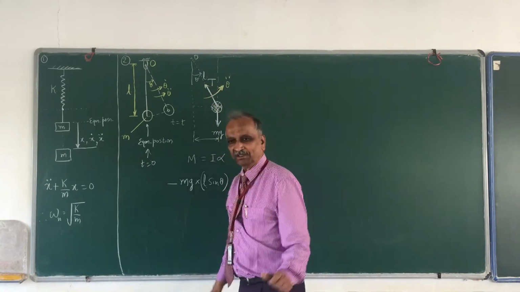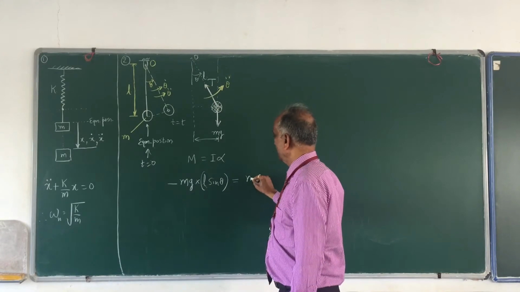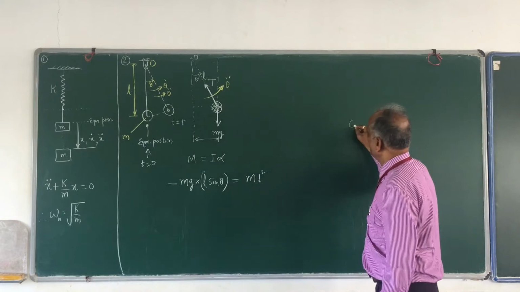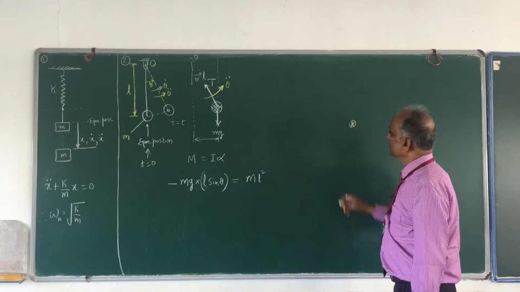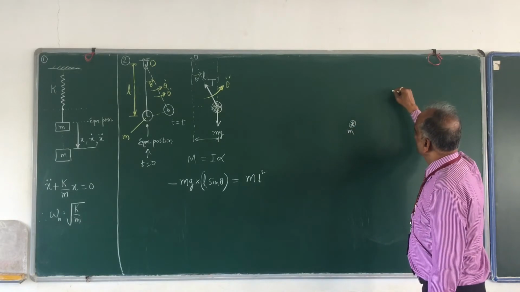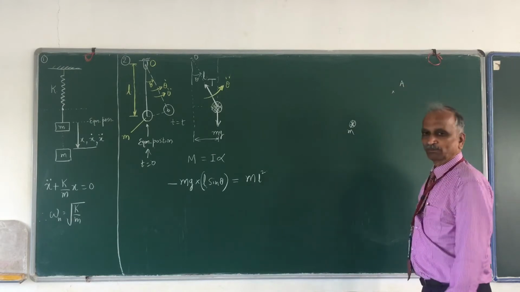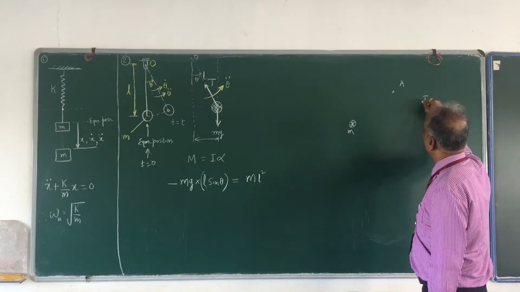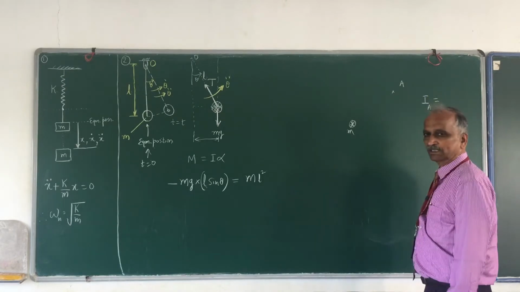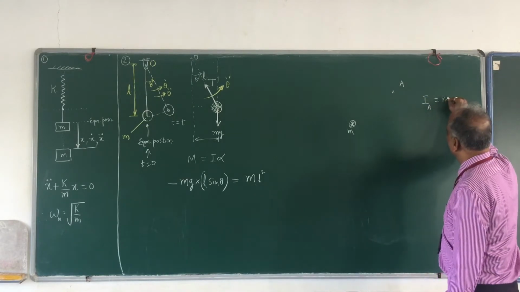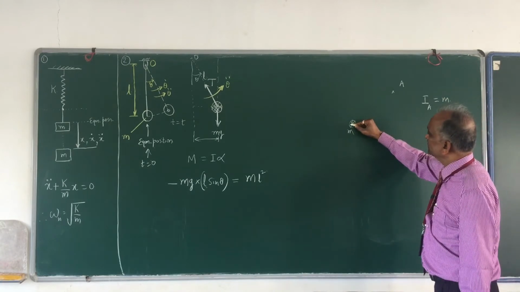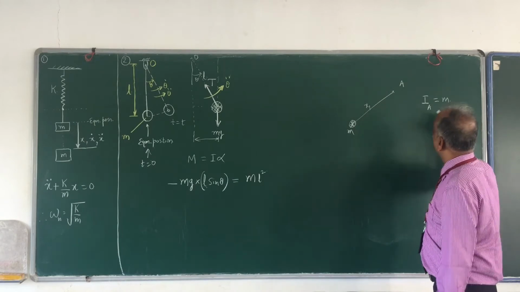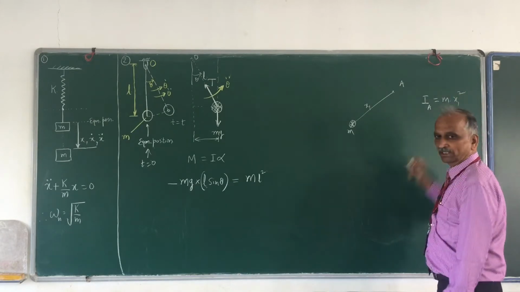That is nothing but m into L square, for any point mass. If you have a point mass m, and I want to find out the moment of inertia about point A, so I would like to find out what is IA. That is nothing but mass multiplied by the distance between this and this. So if this is x1, then m into x1 square.